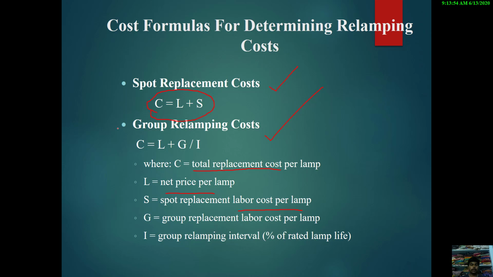The second one is group relamping cost, which is equal to L plus G divided by I, where G is the group replacement labor cost per lamp, and I is the group relamping interval, which is in percentage of rated lamp life.